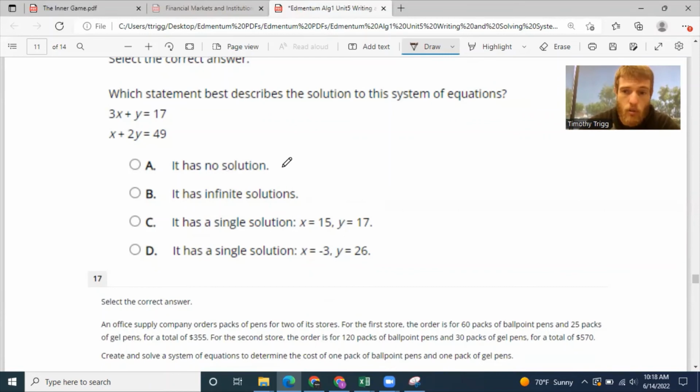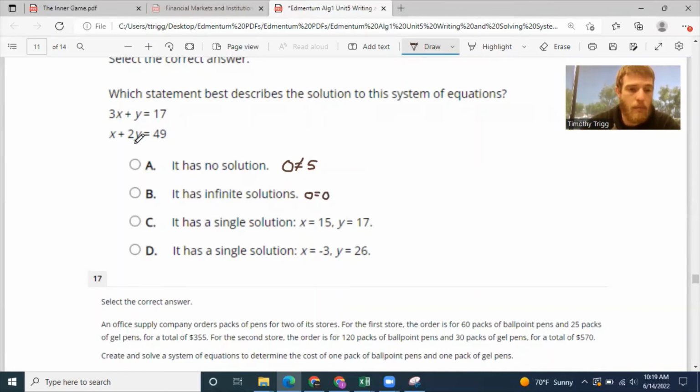If it has no solution, that's when you have something that's not true. So it might show up with something like 0 equals 5. Well, that's not really true. They're not equal. So in the case where you end up with something like this, then you have no solution. In other words, the two lines would be parallel if you were to graph them. Infinite solutions is when something like this, 0 equals 0, or some other constant equals itself.